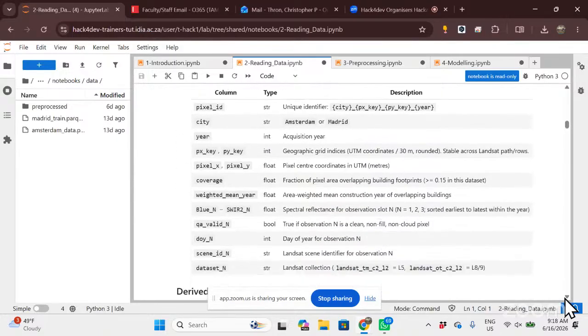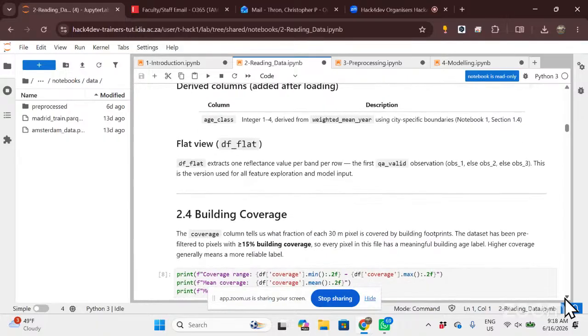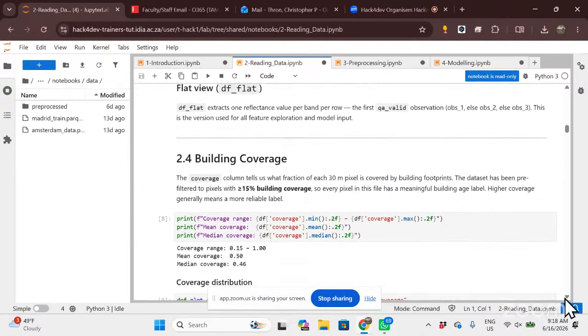All right, this gives you a key for the different fields in the data. Okay, so the flat view takes one reflectance value per row. So there are 3 observations. I believe each row has 3 years, but we only select one.